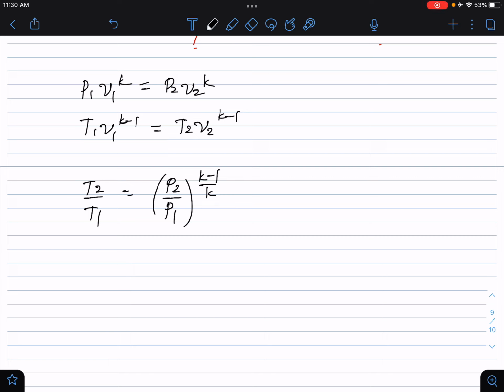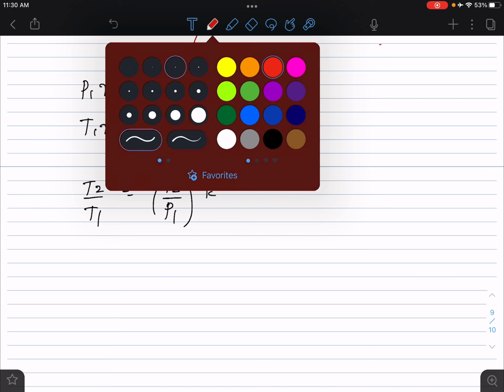These 3 equations are valid only for adiabatic and ideal gas. If this is not a gas, you cannot use this kind of equation. In order to select the appropriate equation, you need to look at which has the least unknowns.